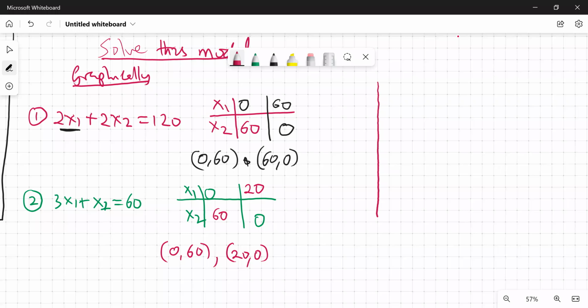I have the option of using my ruler, but I don't want to, so that I can save time. But you will be drawing using a ruler. So this is 20 for me. This is my x1 axis, and this is my x2 axis. This is 10, this is 20, this is 30.